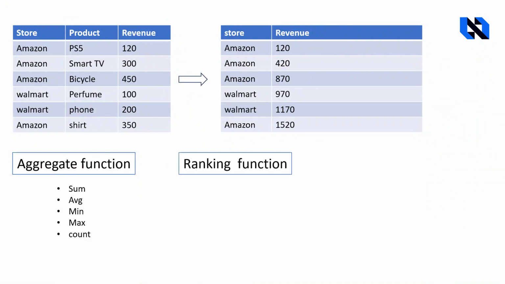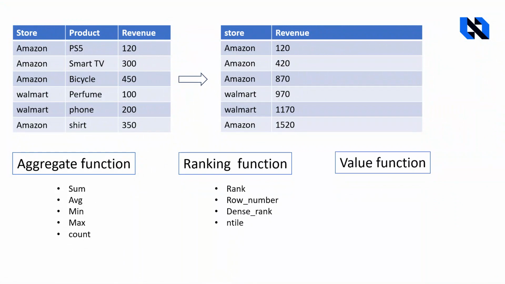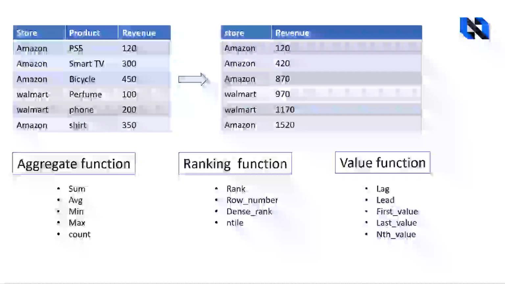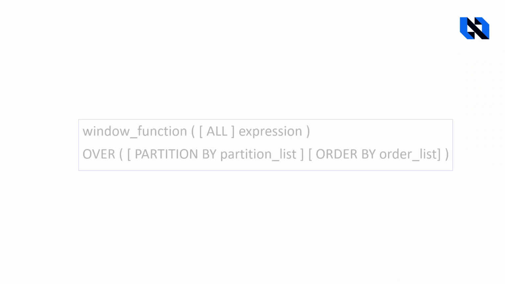We then have the ranking window functions, which rank every row based on rank, row number, dense rank, and ntile. We have the value window functions, which are your lag, lead, first value, last value, and nth value.